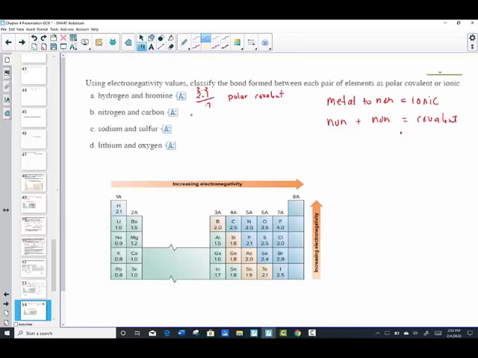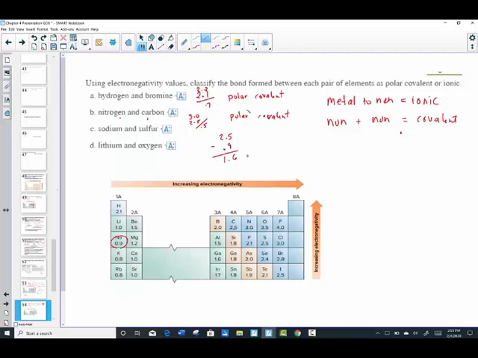Nitrogen, 3.0. Carbon, 2.5. Electronegativity difference of 0.5. That falls as polar covalent. So we knew that. Nonmetal to nonmetal. Let's see, how about sodium and sulfur? 2.5 for the sulfur, 0.9, 1.6.